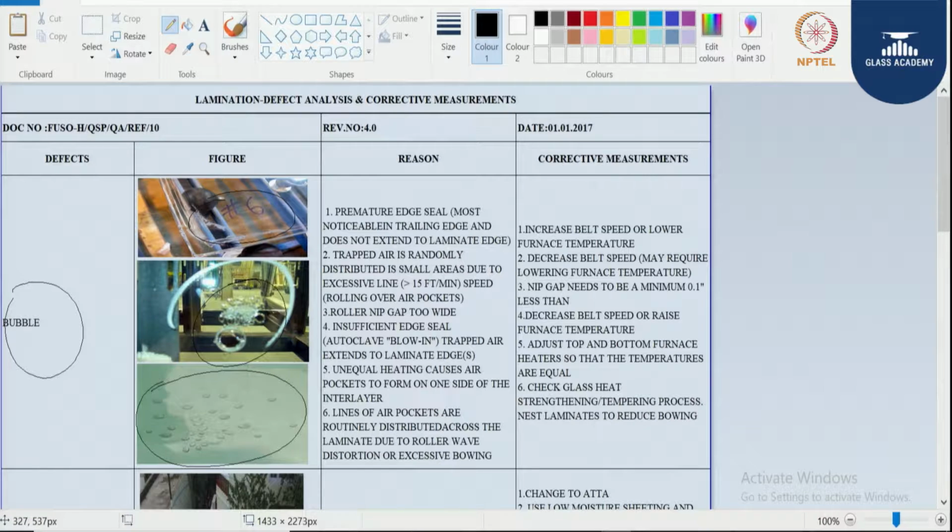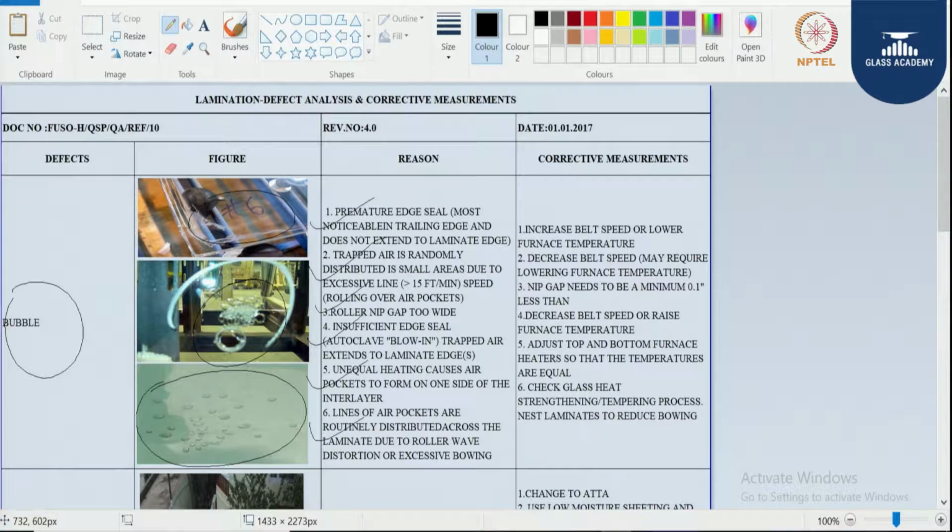The reasons are premature edge seal, most noticeable in the trailing edge and does not extend to the laminate edge; or trapped air randomly distributed in small areas due to excessive line speed, or roller nip gap too wide, or insufficient edge seal; trapped air extending to laminated edges, or unequal heating causing air pockets to form on one side of the interlayer; or lines of air pockets routinely distributed across the laminate due to roller wave distortion or excessive bowing.